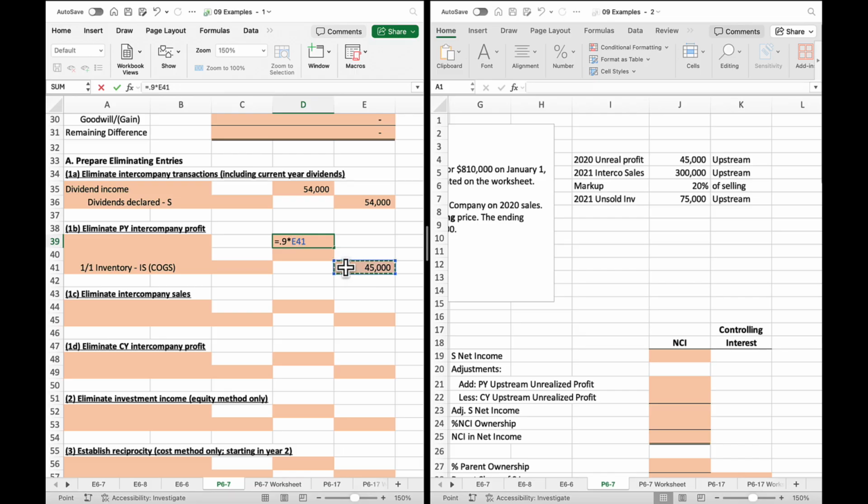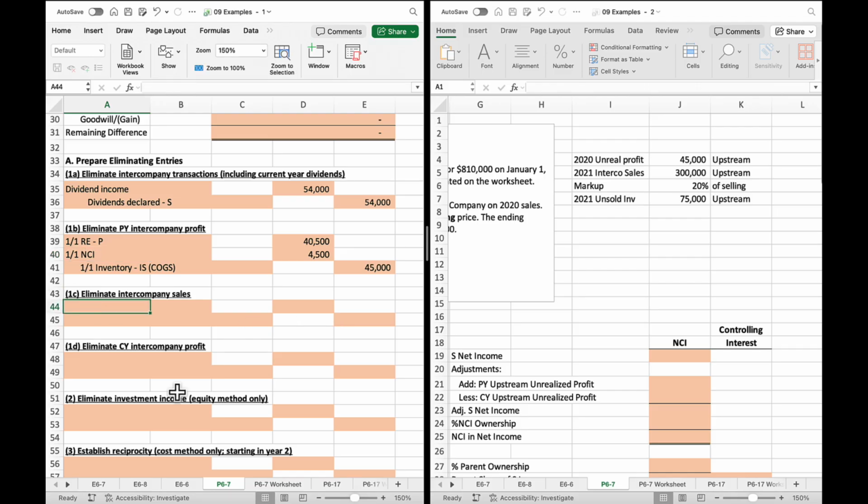So we're going to give our parent's ownership percentage, which in this case is 90%, to the parent, and we're going to take 10% and give it to our non-controlling interest. So the non-controlling interest always goes to 1/1 non-controlling interest. And then the question is, where do we put the parent share? And so the parent share, it's going to depend upon whether the parent used the cost or the equity method. In this case, our parent used the cost method. So the account is going to be 1/1 retained earnings of the parent.